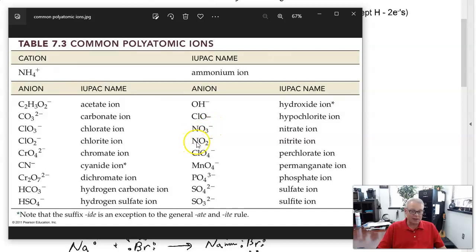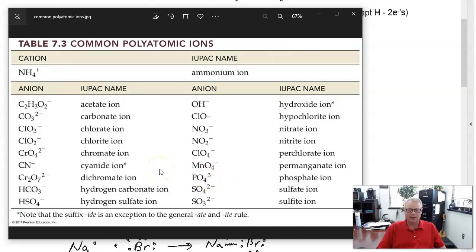A nitrite polyatomic ion is an NO2, still with a -1 charge. A sulfate's an SO4 2-. A sulfite is an SO3 2-. Same charge, one less oxygen. So if you know your "ates", now you automatically know your "ites". Of course, if you miss your "ates", then you miss the "ites", so make sure you know your "ates".